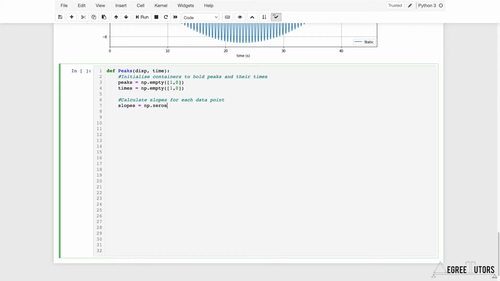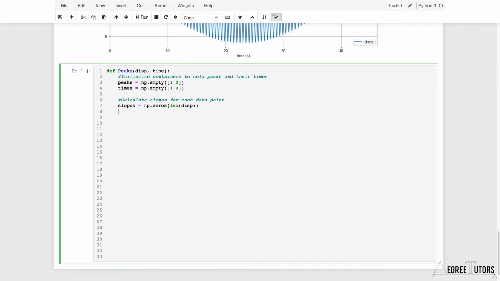It's going to have the same number of elements as the length of the displacement vector, because we need a slope for every displacement, except for the very last displacement value, because there's no next displacement value to allow us to calculate a slope. But that value will automatically be 0 because we're defining an array of zeros here.